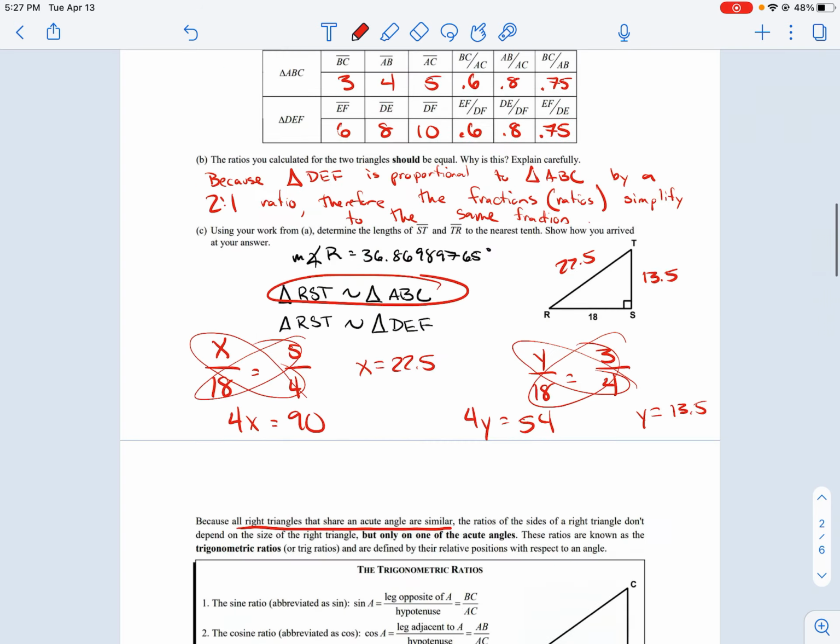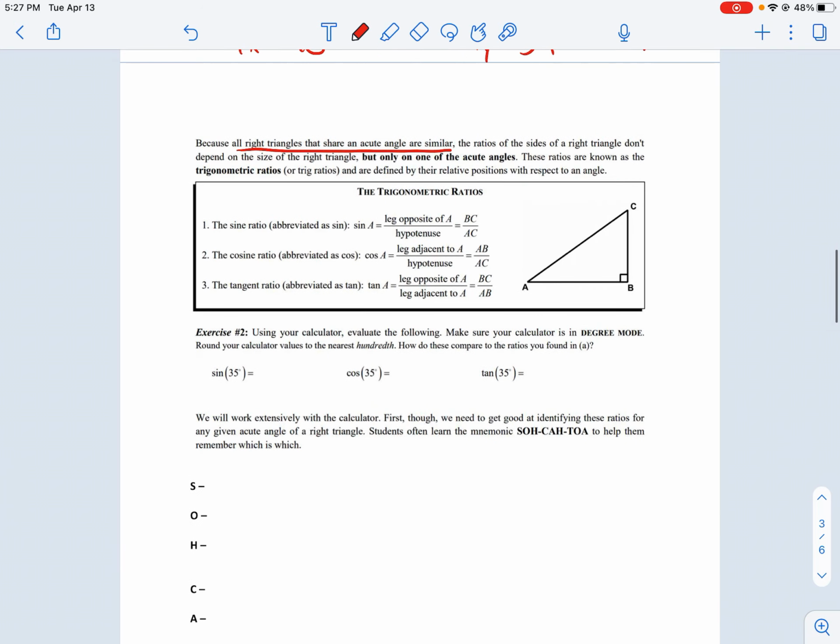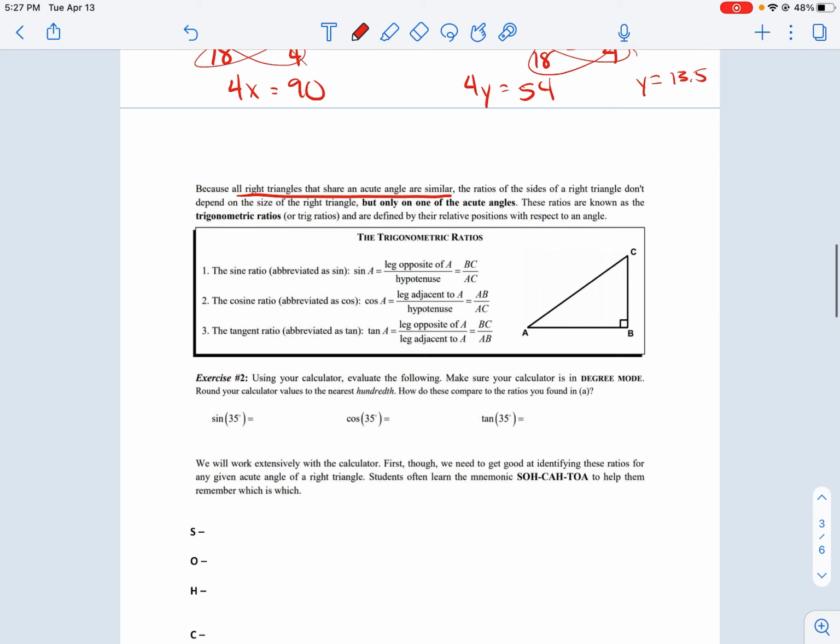Okay, so the same concept kind of flies down here, right? When you have two right triangles that share the same acute angle, in this case A, the ratios of the sides don't depend on the size of the right triangle, but only on one of the acute angles. So because these right triangles end up being all similar, you end up getting the same ratios amongst these guys, and that allows us to utilize trigonometry, okay?